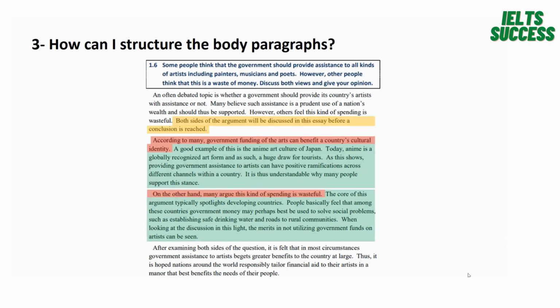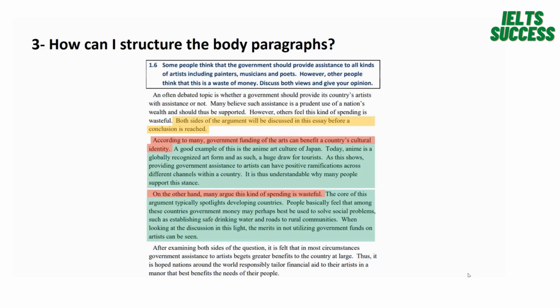People basically feel that among these countries, government money may perhaps best be used to solve social problems such as establishing safe drinking water and roads to rural communities. When looking at the discussion in this slide, the merits in not utilizing government funds on artists can be seen.